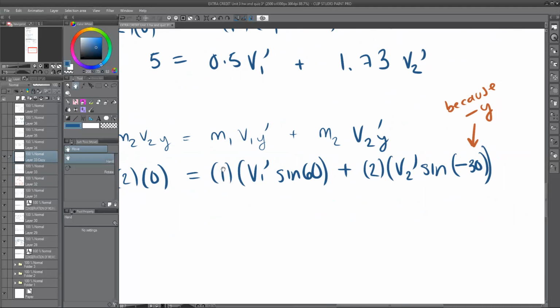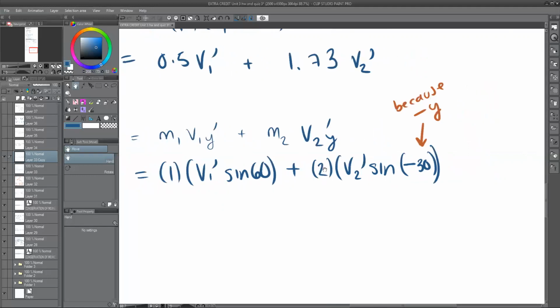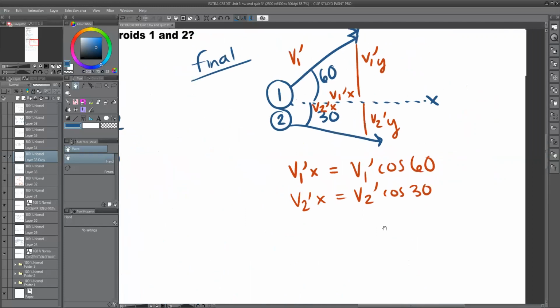So you use your mass, your 1 kilogram of asteroid 1, and your y component is going to be the final velocity of asteroid 1 times sine of 60. The mass of asteroid 2 is 2 kilograms. And then your final velocity of asteroid 2 times the sine of the angle, which is negative 30 because it is going down on the y-axis.